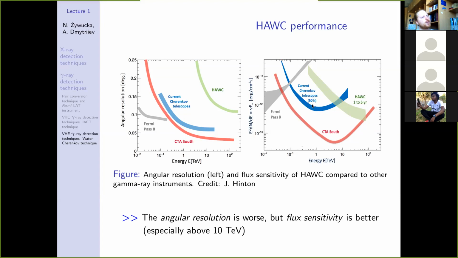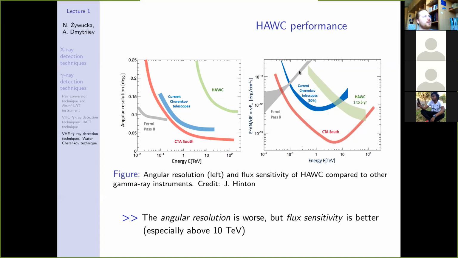But this is for 50 hours of exposure. So if in 50 hours of observations your source is fainter, no signal will be detected. CTA is aiming to improve the sensitivity of current Cherenkov telescopes by 1 order of magnitude or even more. You can see it here. So CTA will see much fainter sources.